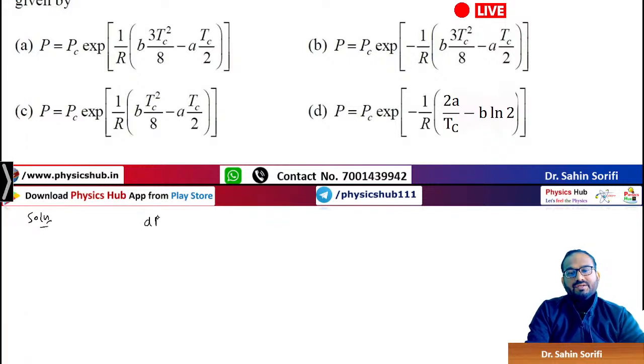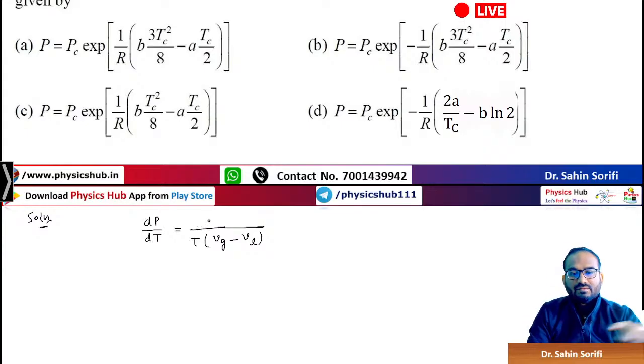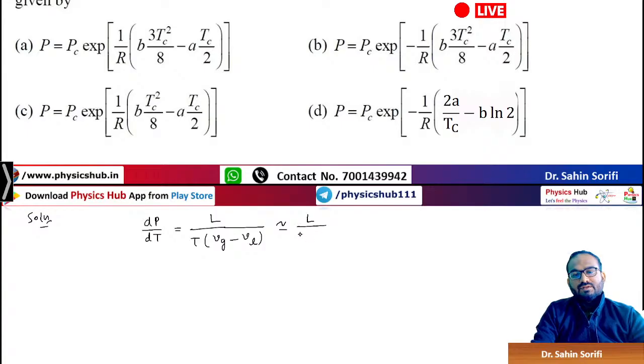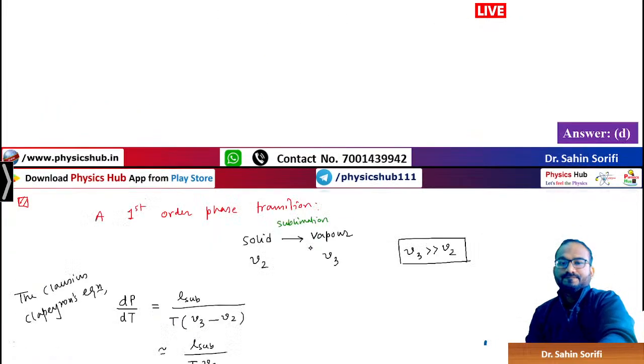Look, dp upon dt is equal to L upon T times Vg minus VL. Okay, they have used capital L, so let's also use capital L. So it is approximately T times Vg, because the volume of gas is much more than the volume of liquid.